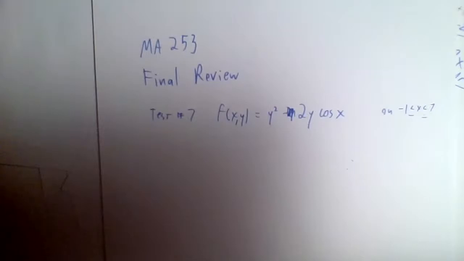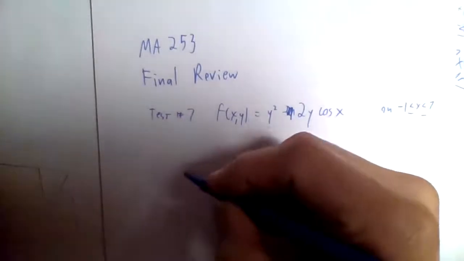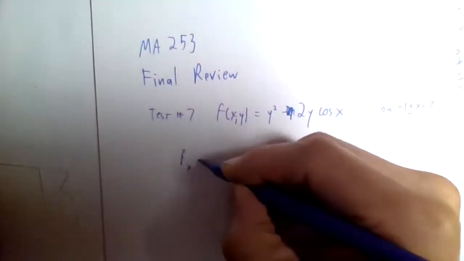So local max, min, and saddle points have to be critical points in there. So we want to find where the tangent plane is horizontal, which means partial with respect to x and partial with respect to y are both 0. And that's what we want to work through. And for the test problem, I had these written out already, what your partial derivatives are.